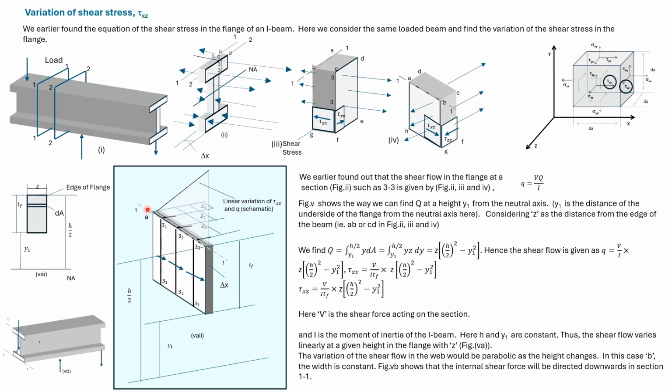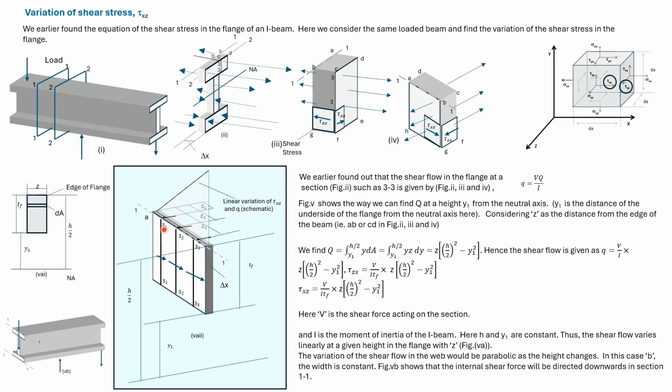We'll now vary the distance from the edge. So from the outer edge, we'll move inwards. Thus, we'll vary Z and take different sections 3-1, 3-1, 3-2, 3-2, and 3-3, 3-3.